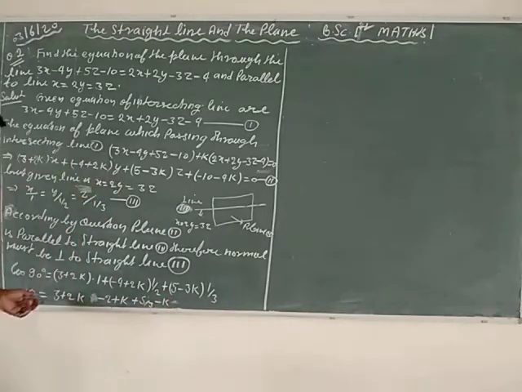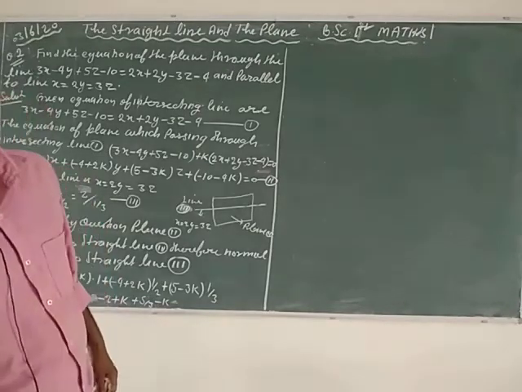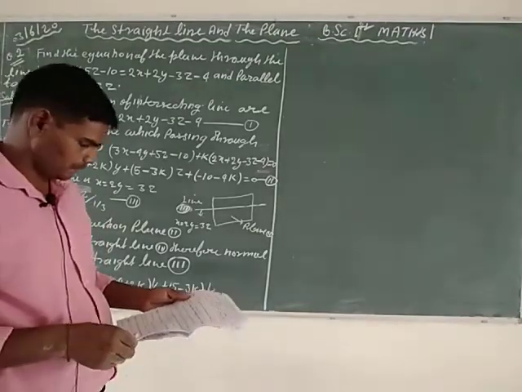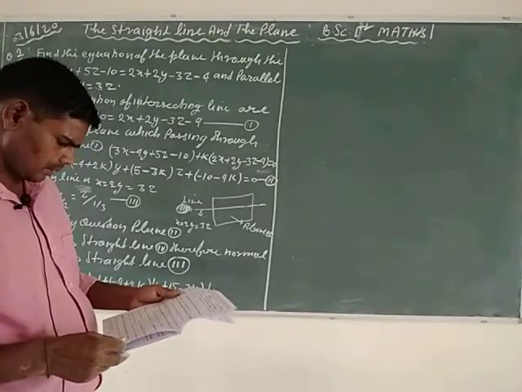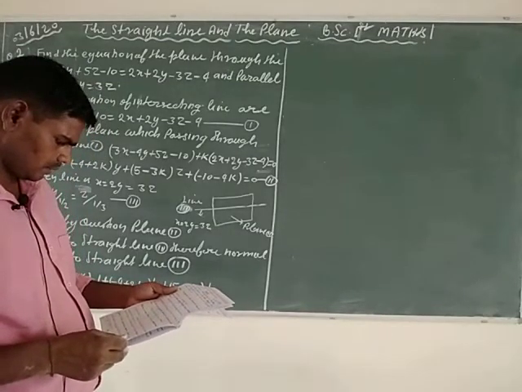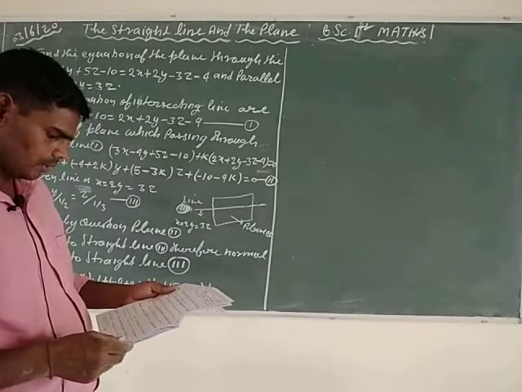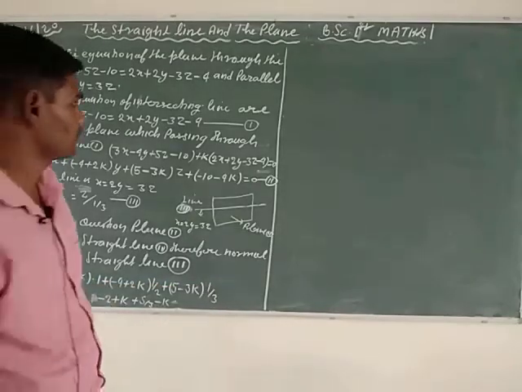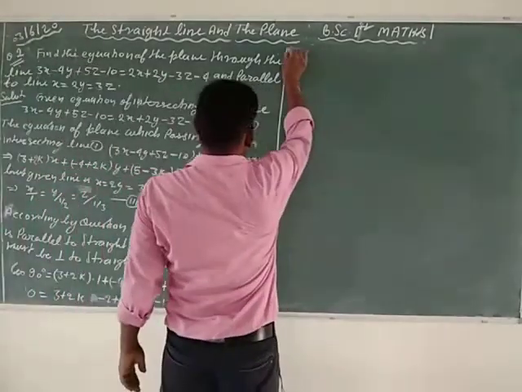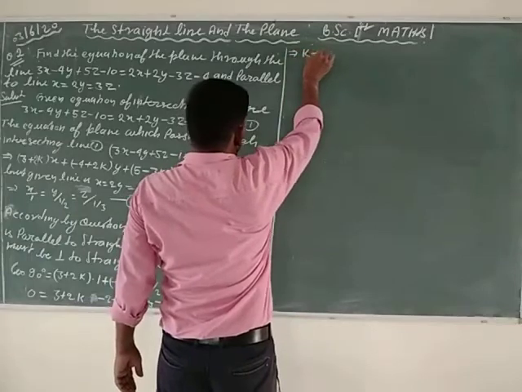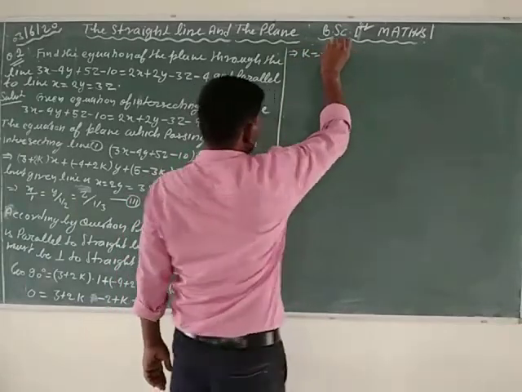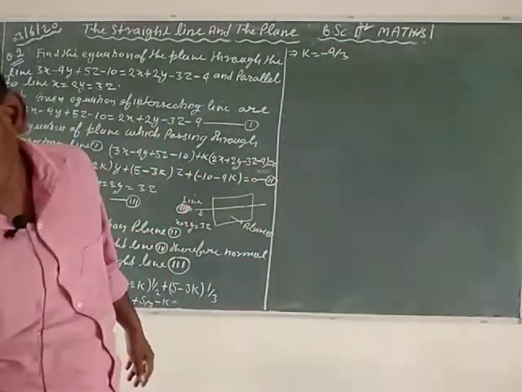Solving this equation for the unknown k, k is equal to minus 4 by 3.